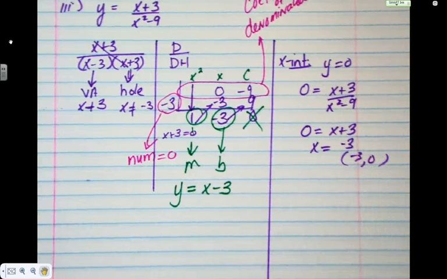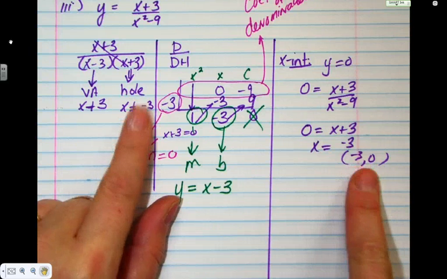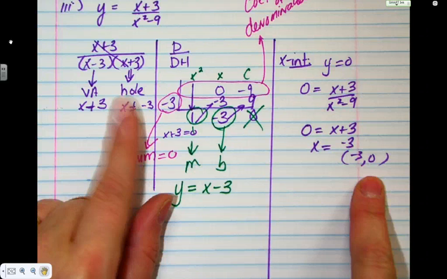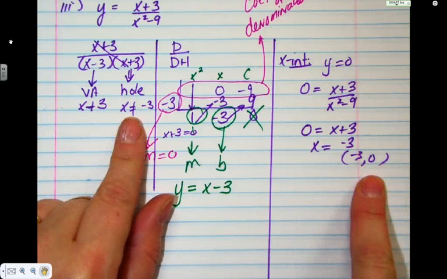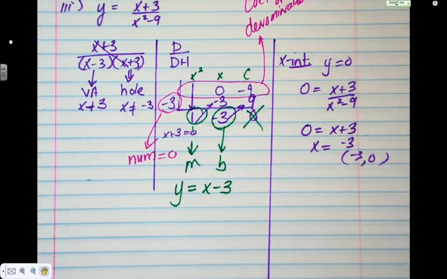Thanks, Noah. Take a look at this. Look at the hole. Look at the x-intercept. What does that tell us? That there is no x-intercept. That it's a hole on the graph. So when we go to graph these tomorrow, we'll actually end up putting a hole right on the x-intercept.